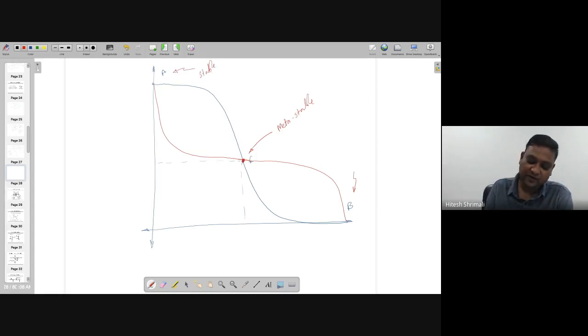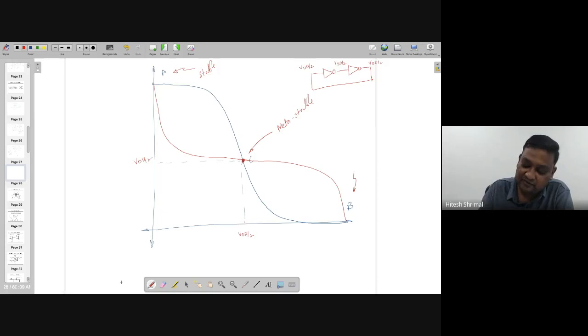If you are having the point C, let's assume that I am giving VDD by 2 as an input over here. In the ideal case, I am expecting VDD by 2 here and the output of this one is VDD by 2. However, this is not going to happen.